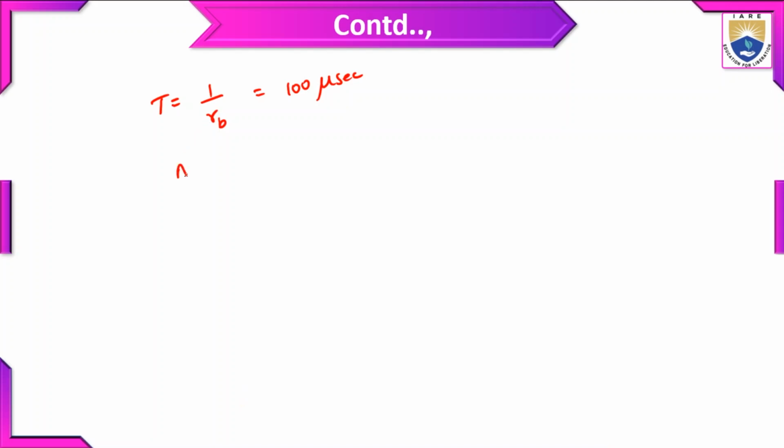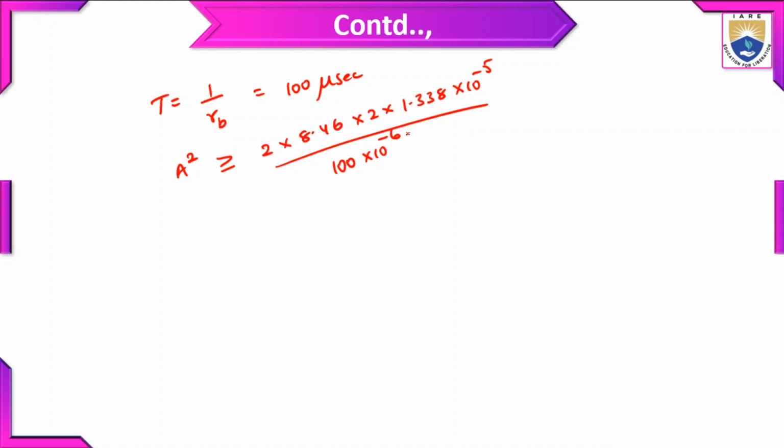So what is A square? A square greater than or equal to 2 into 8.46 into 2 into 1.338 into 10 power minus 5 divided by this 100 microsecond.